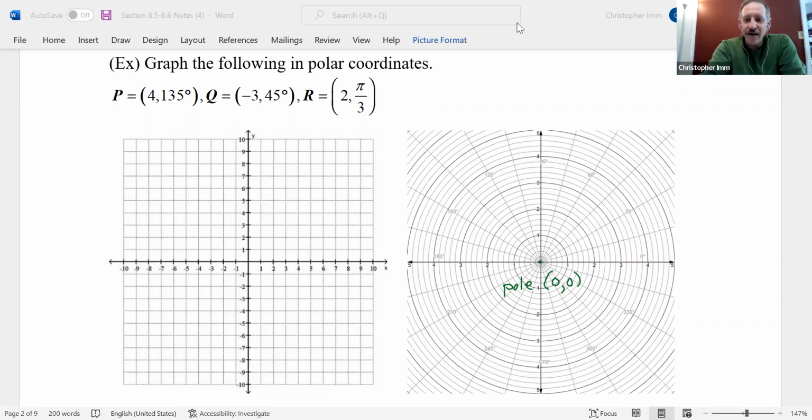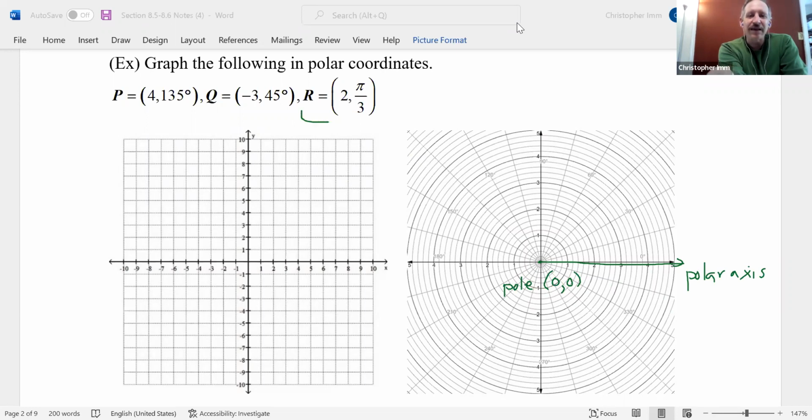And those are going to give you the angle from this positive x-axis. But in polar coordinates, we call this the polar axis. So we start at this polar axis and we sweep counterclockwise to give a positive angle or clockwise to get a negative angle.